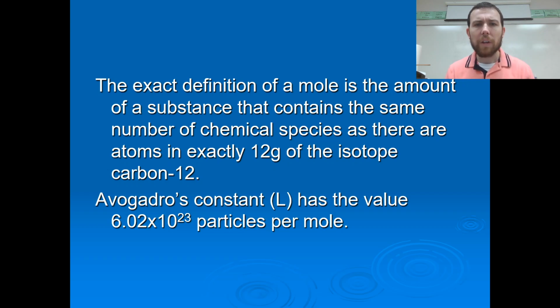Should make sense. And then we can apply that to all of our other substances: no matter what we're dealing with, if we have 1 mole of a substance, we should have 6.02 times 10 to the 23 particles. Whether it's atoms, ions, molecules, or formula units, that's the number we're going to have as it relates to Avogadro's constant, or Avogadro's number, as you've probably commonly heard it referred to.